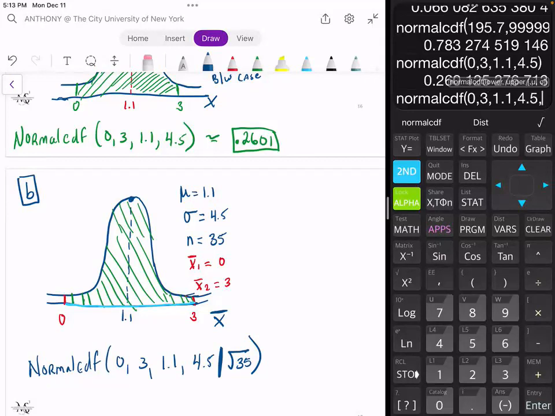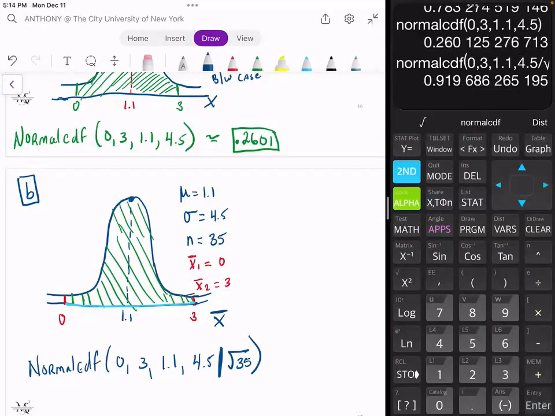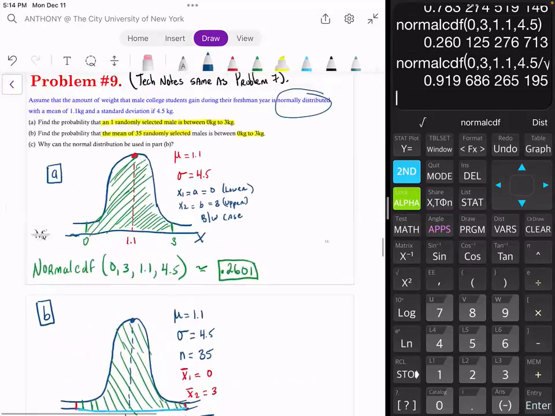No, sorry, 4.5 divided by square root of 35. Round your answer to 4 decimals, you get 0.9197. And those are your solutions to problem 9.